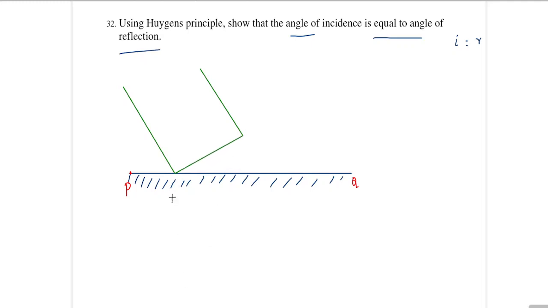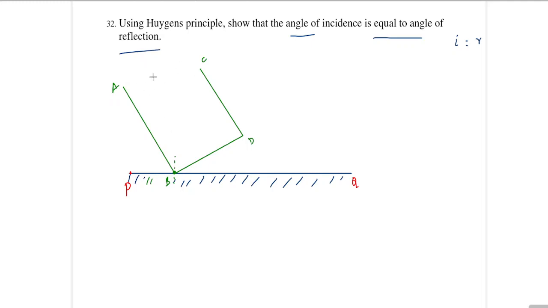Let us call this point A. This is point B. And let us call this point C. This is point D. Now here, if you observe carefully, by the time it reaches point B, the whole thing is a plane wavefront.